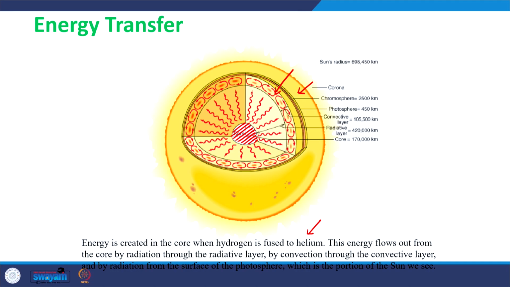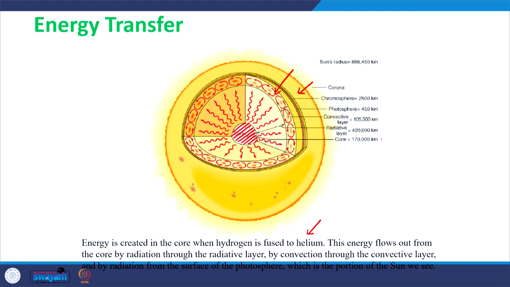So the typical sizes of these layers. Why do we call it the radiative layer? Because in radiative transfer, energy is transported by means of radiation, which doesn't require a medium. Like I said in the last class, radiation is the best suited energy transport in vacuum, right?